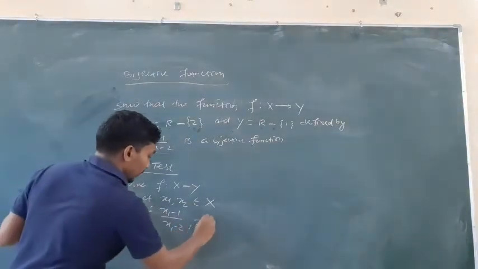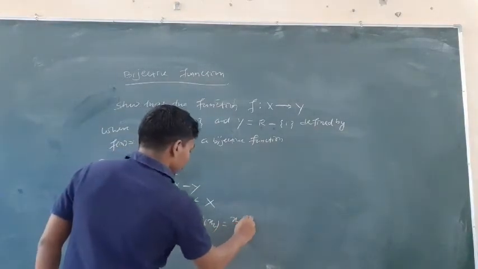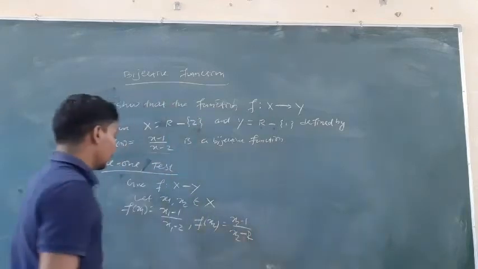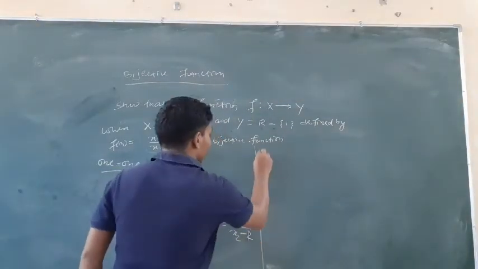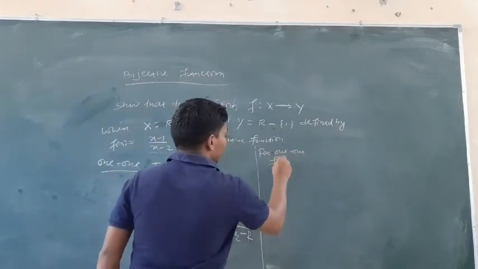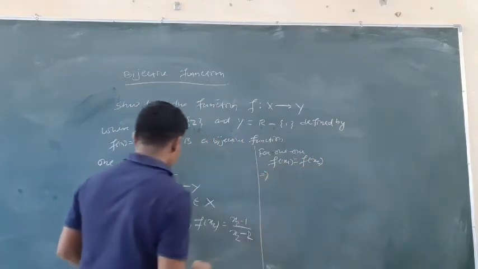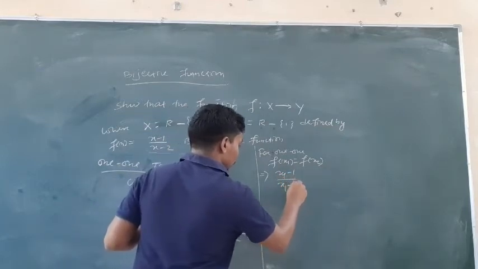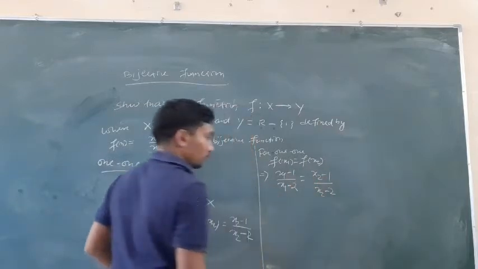Similarly, f of x2 will be x2 minus 1 by x2 minus 2. Here, for one-one, f of x1 is equal to f of x2. That implies x1 minus 1 by x1 minus 2 is equal to x2 minus 1 by x2 minus 2.